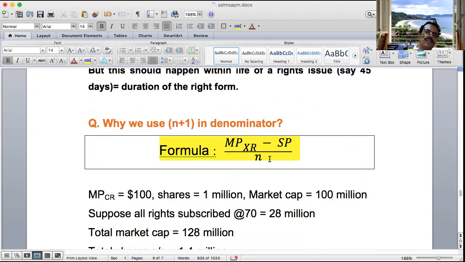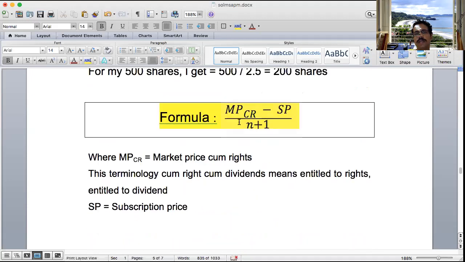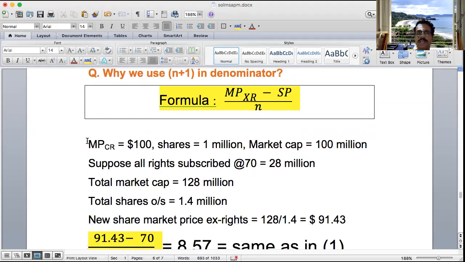Okay. Now, the next question is why we use n plus 1 in this formula. N plus 1, not the n here. Let us see that reason. So market price cum rights in our example was 100. Outstanding shares were 1 million. So market capitalization was 100 million. Suppose all rights are subscribed at 70.